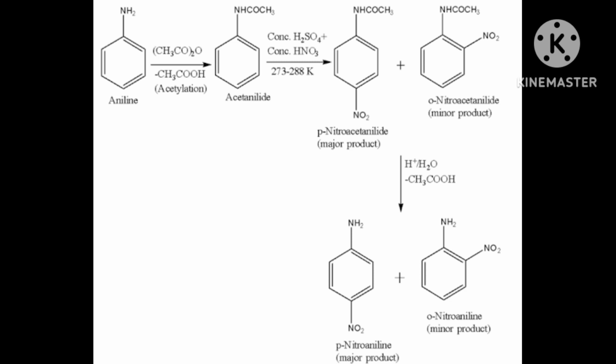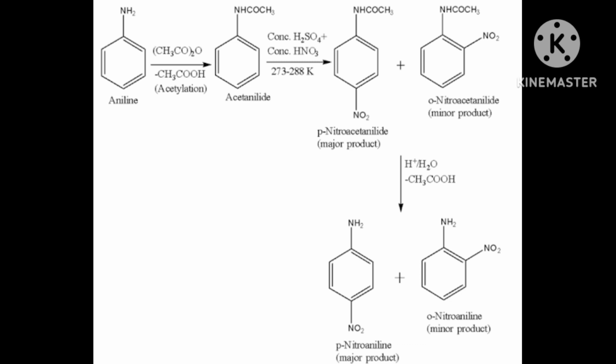The para position, where NO2 joins, gives the main product, nitroaniline, at 51%. The other is the meta position, at 47%.